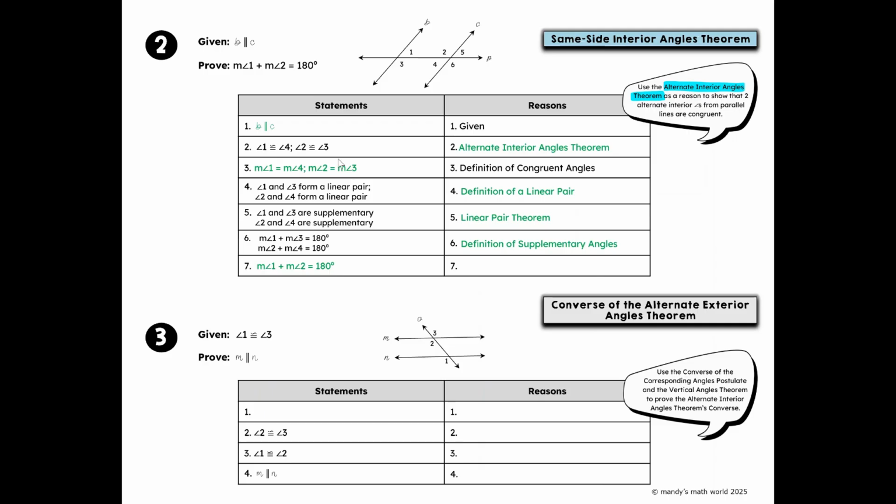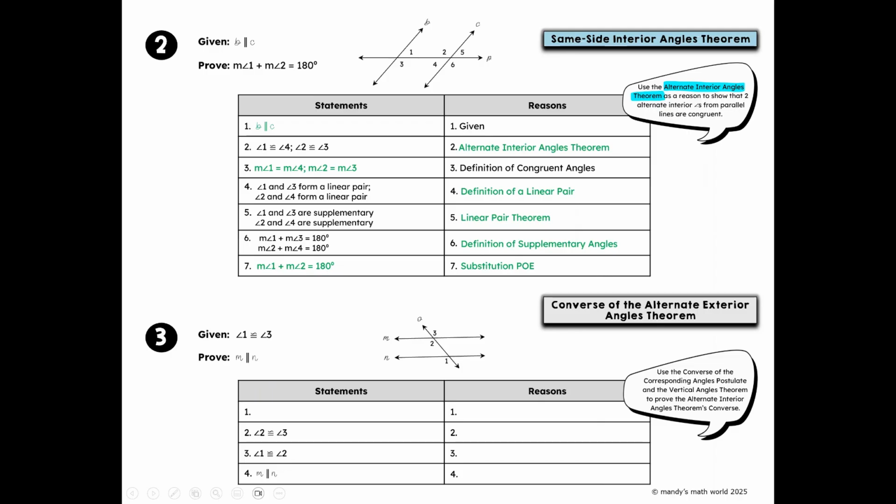If that's the case, can I substitute the measure of angle 2 for the measure of angle 3 in this equation? Sure. I'm just going to use the substitution property of equality, or you could just write substitution there. That's all I did, because you have to have previously written it down in a statement to be able to do that in your last statement.